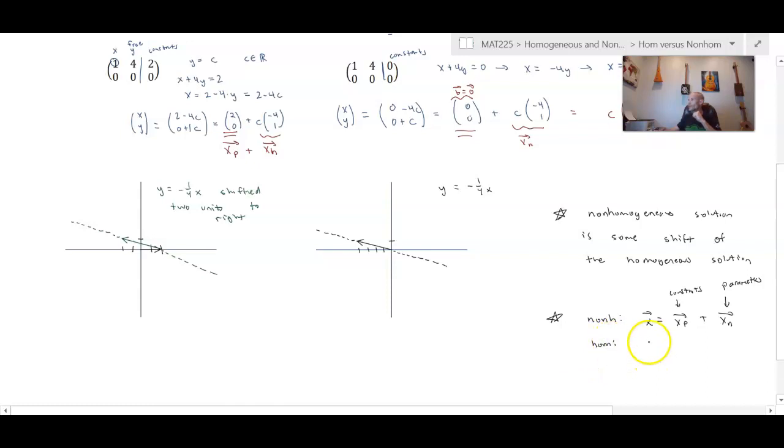A homogeneous system, again, same coefficients, just 0 b vector, its solution will look like this. It will simply be x homogeneous, which is the same for non-homogeneous and homogeneous. So the non-homogeneous will simply be a shift of the homogeneous solution.